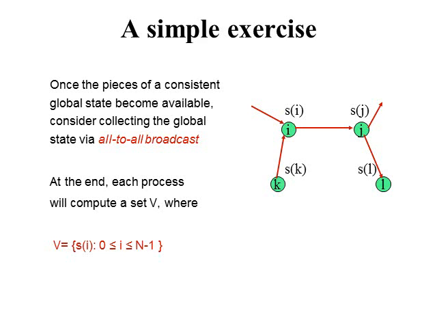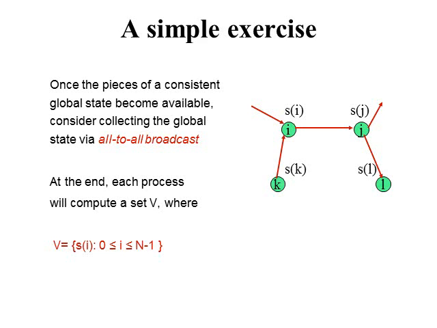For doing that, we use the all-to-all broadcast mechanism, and at the end of this all-to-all broadcast algorithm, every process ends up with a set of states, which is the set of states corresponding to all the processes in the system.